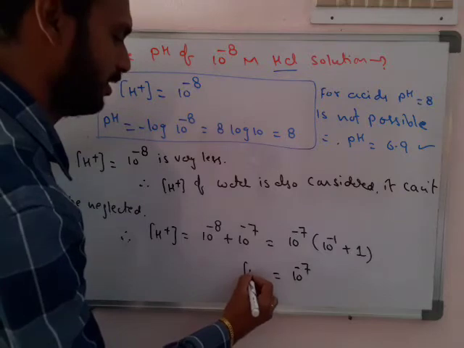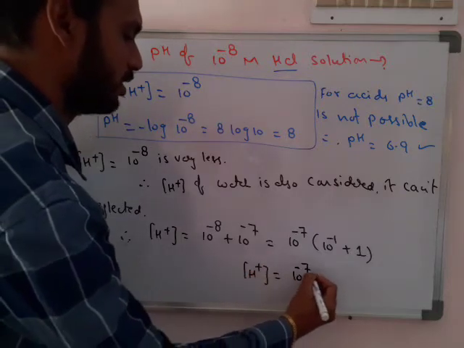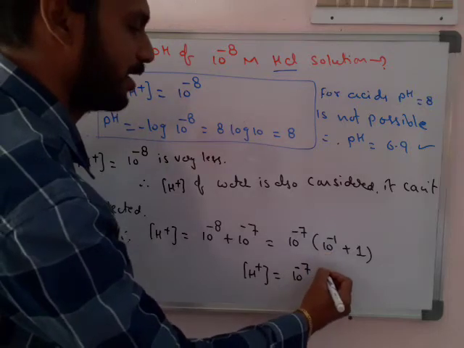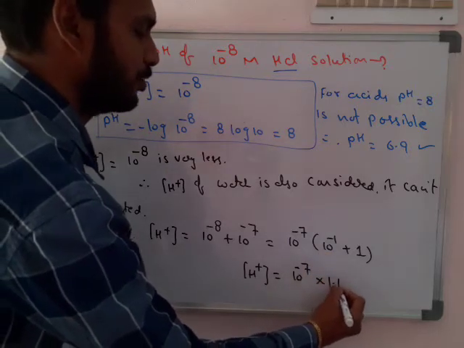So finally, what is the H plus concentration in this solution? 10 power minus 1 is 0.1, so it becomes 1.1.